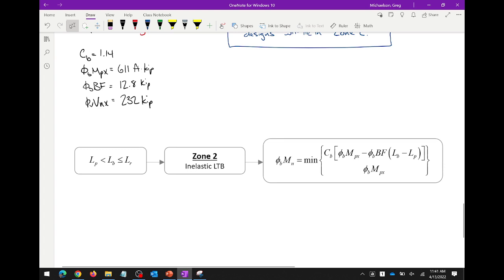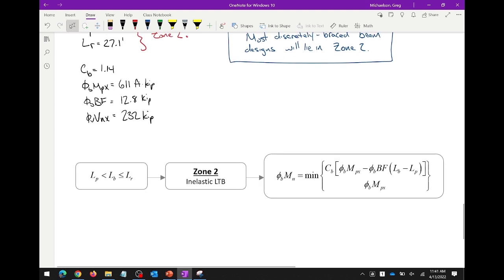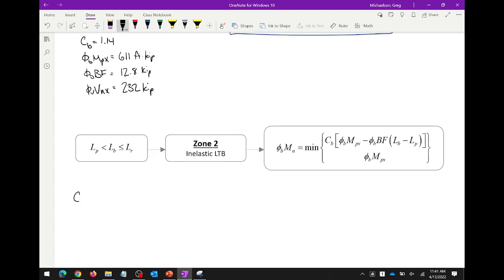So what we'll do is we'll compute this upper expression. So let's do that. Let's do Cb, phi Mp minus that. So this is 611.